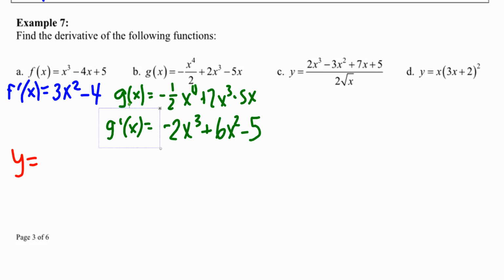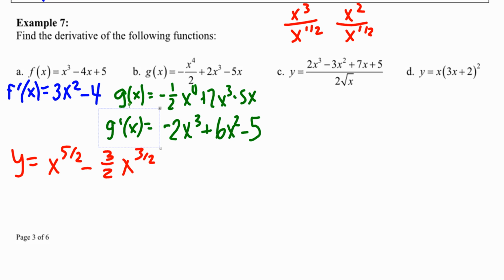This one I'm going to rewrite over here. Y equals, alright, so we have x cubed divided by x to the 1/2. So it's going to be 3 minus 1/2, or 5 halves. So I'm going to write that as x to the 5 halves. Then I have x squared over x to the 1/2. So that'll give us x to the 3 halves, and we have minus 3 halves x to the 3 halves.